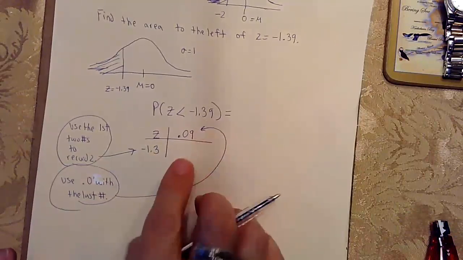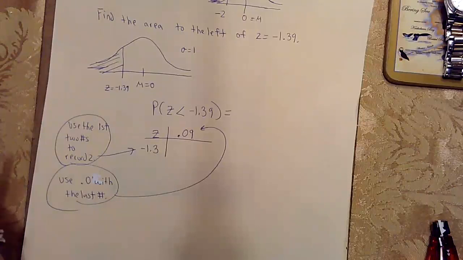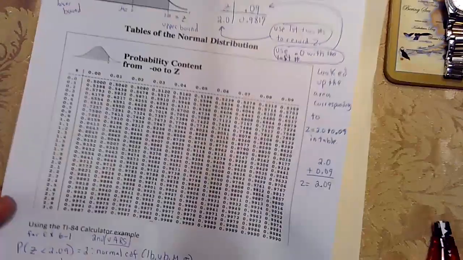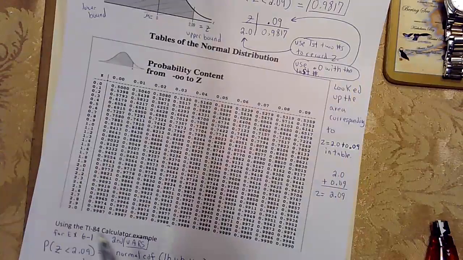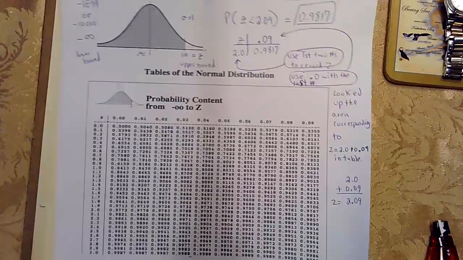And so when you use your table, I can go back to this sheet, go back to page 144, or you can use your table. So I'll show you on this one first. Negative 1 point.